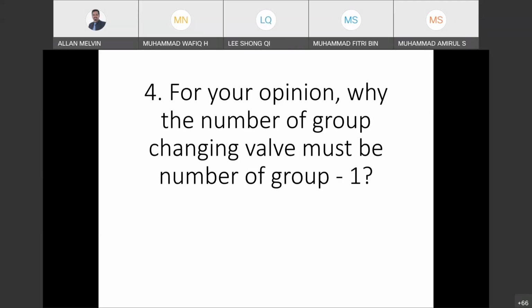Yes, apa? Lee Song Ki, yes. I think for the circuit to change for this group, the changing valve changes between the groups, like first group on and second group off.